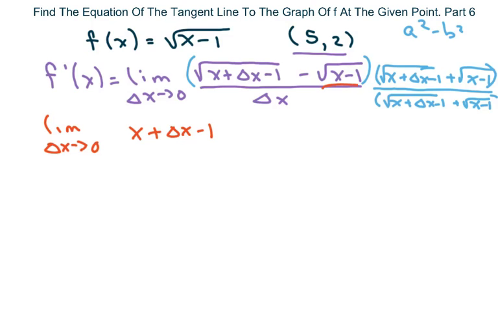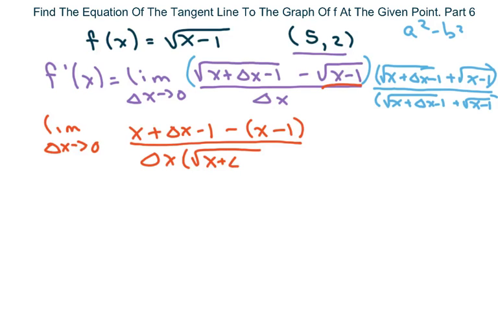And then when you square your b part, you're just going to get minus x minus 1, all over delta x, times my conjugate part, which is going to be the square root of x plus delta x minus 1 plus the square root of x minus 1.